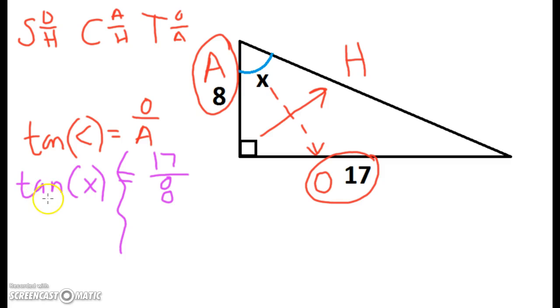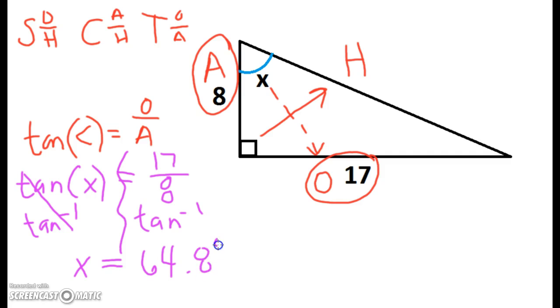So to get rid of tangent, I use the inverse of tangent, which is a button in your calculator. So that goes away. You get x is equal to. So now in your calculator, you need to hit second tangent and then 17 divided by 8. And as long as your calculator's in degree mode, you should get that x is about 64.8 degrees.